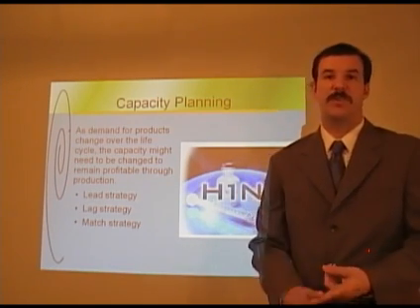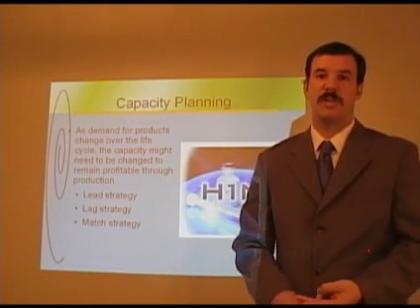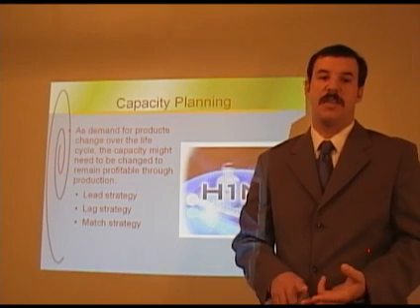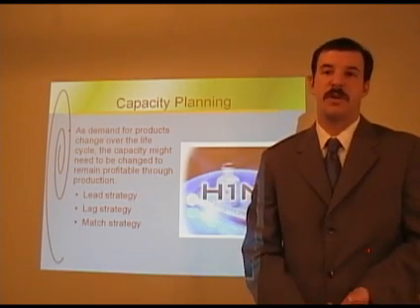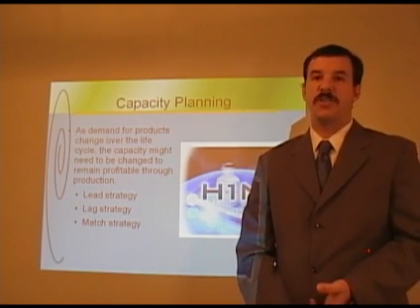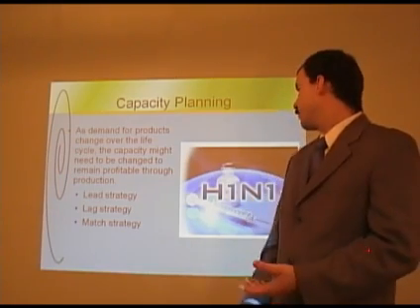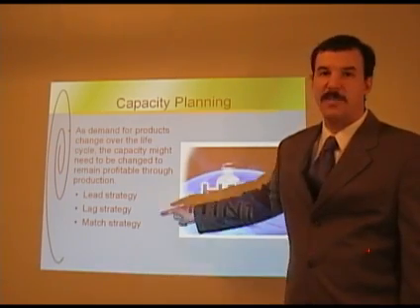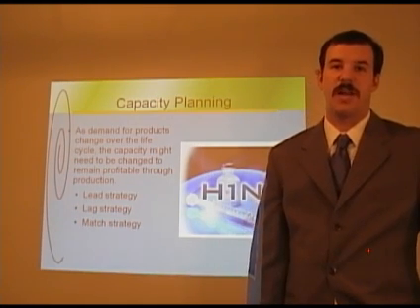They had to finish up research and all of a sudden retool all the factories and get everything set up so that they could produce this stuff at high volumes. The capacity planning for the H1N1 virus, I can't even fathom what they had to do to make that happen. But it seems like a large undertaking, and I'm sure it saved some lives. So that was good. But you can see that capacity planning is critical for your business because you need to make sure that you are able to handle the demand.